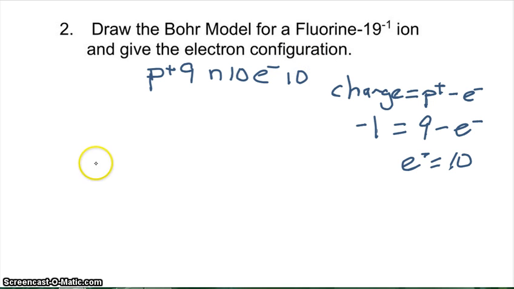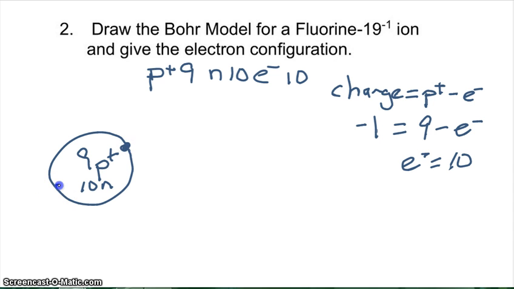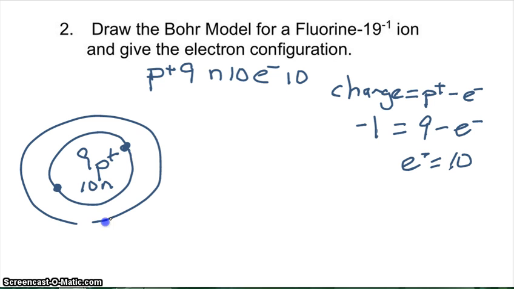All right, so let's draw this out. We know in our nucleus we have 9 protons and 10 neutrons. Outside of that, we have to place 10 electrons. The first energy level, like always, can only hold 2. Then we're moving to the second energy level, and we have to get to 10, so we have 8 left over.